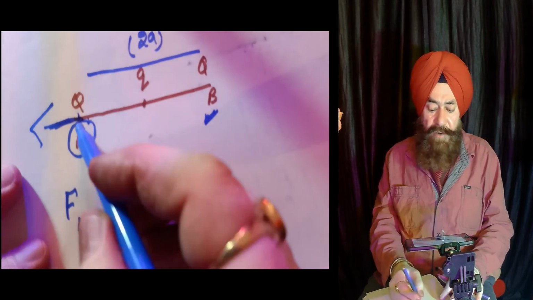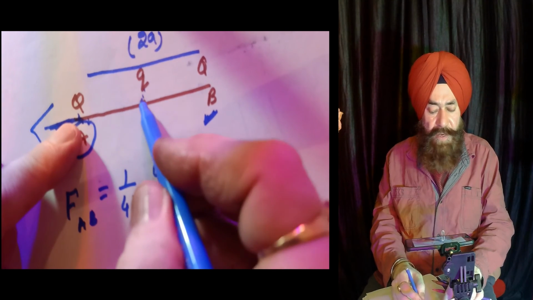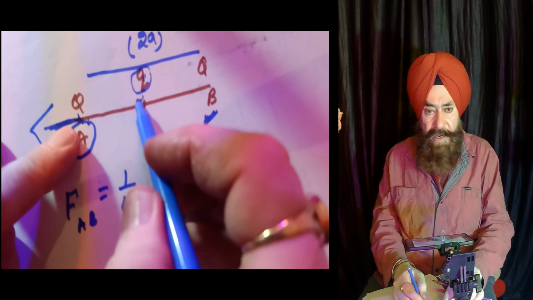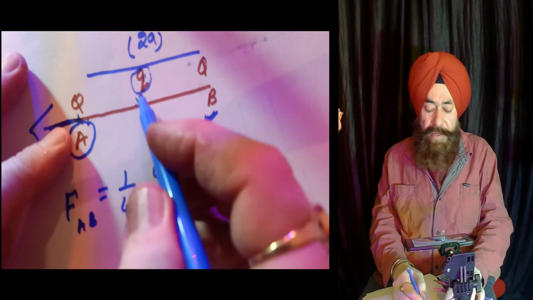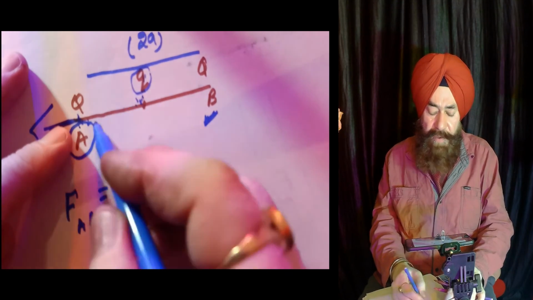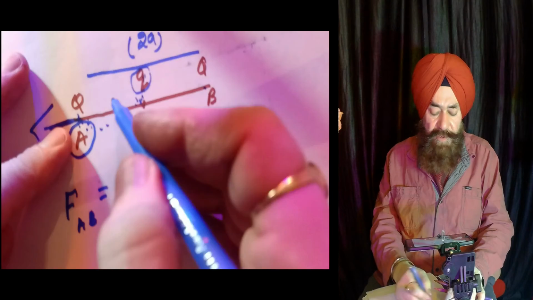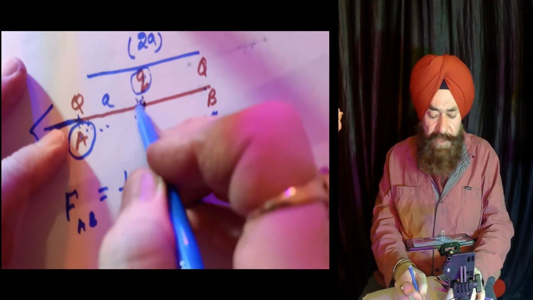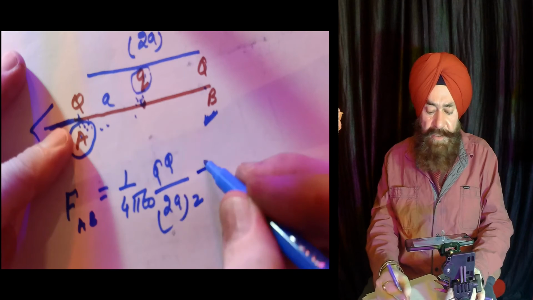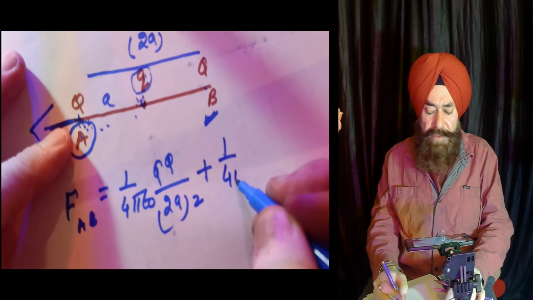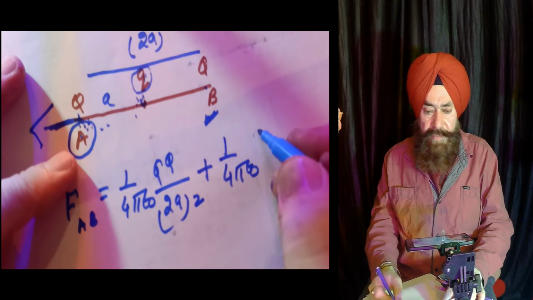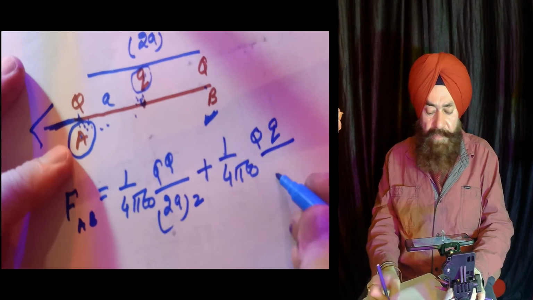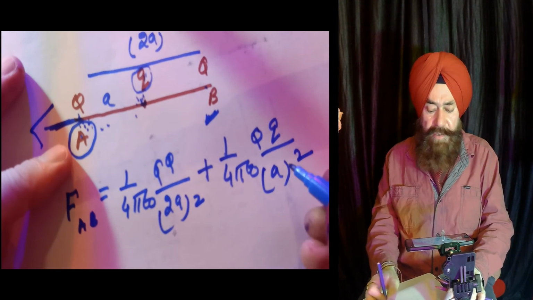Now there is another force on this charge because of this one, and it is unknown whether it is positive or negative, but the force will be there. This distance is half of that distance, small a, and the force of this charge on this charge is constant capital Q small q upon A whole square.